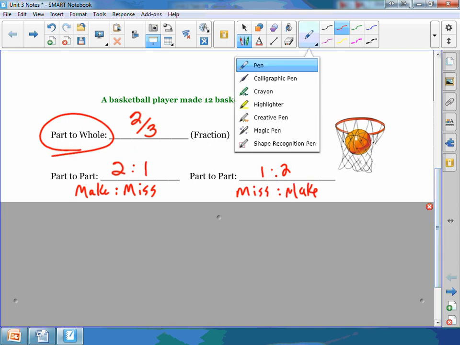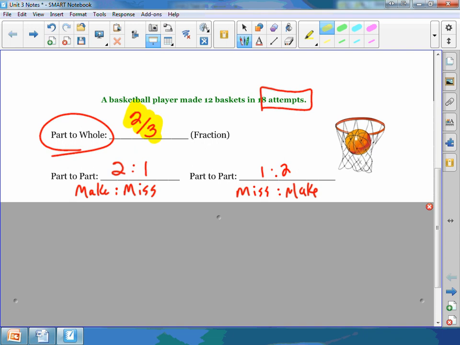So again, my question comes back to this. How could I go from here and get my 2 part to parts? Brooke? Very good. Yep. 2 is already one of your parts. You find the difference between those, then get your other part, and then compare them.